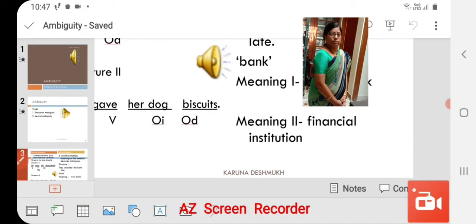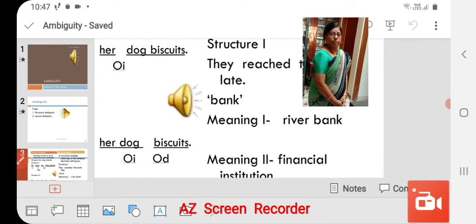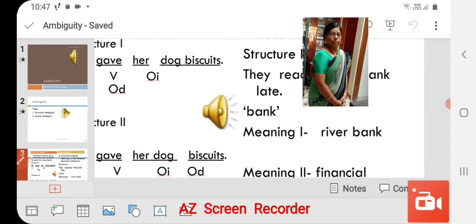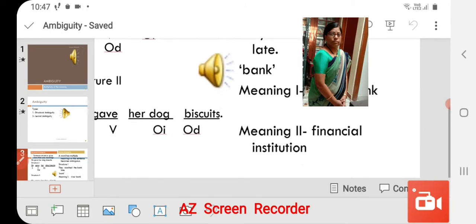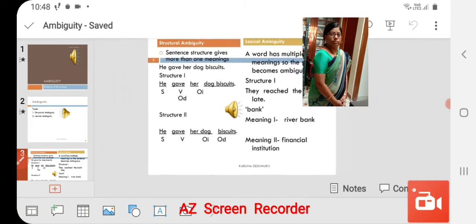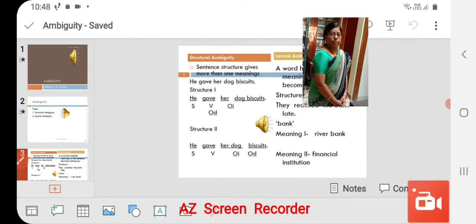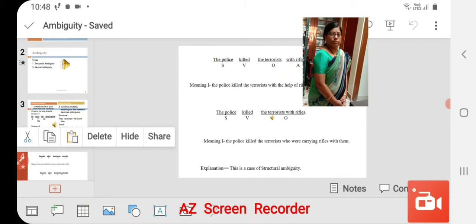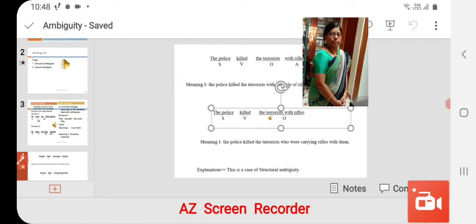So the sentence is ambiguous. We don't know for sure whether they reached the bank of the river late or they reached the bank, which is a financial institution, late. So this happens because of the lexical ambiguity.